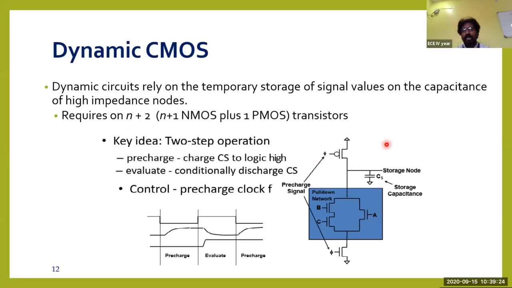Whereas if I consider the static CMOS structure for the same operation, what is this operation? Both NMOS are in series.